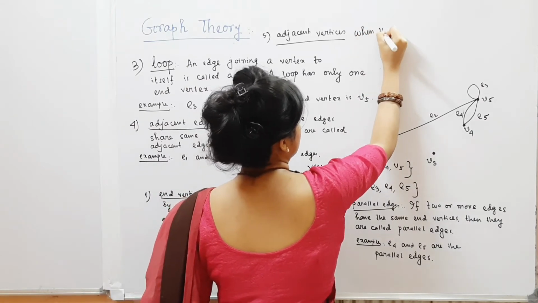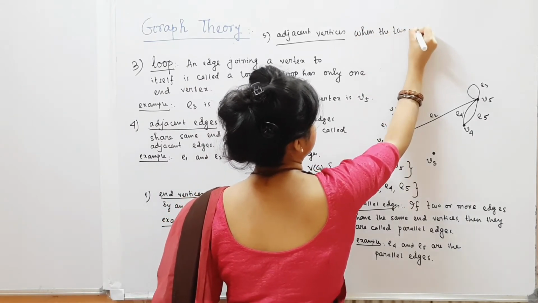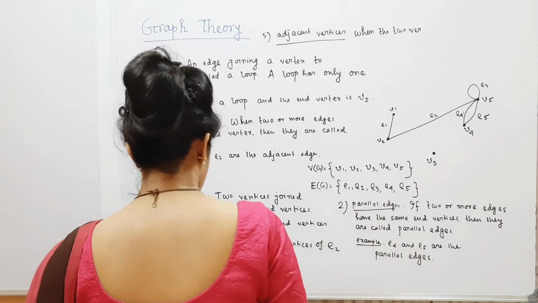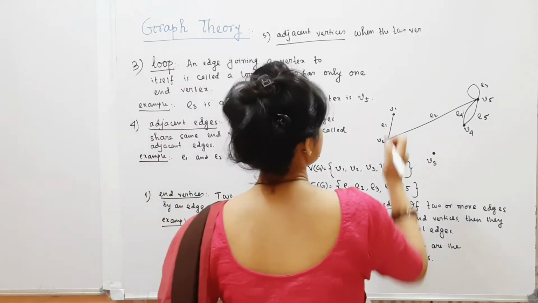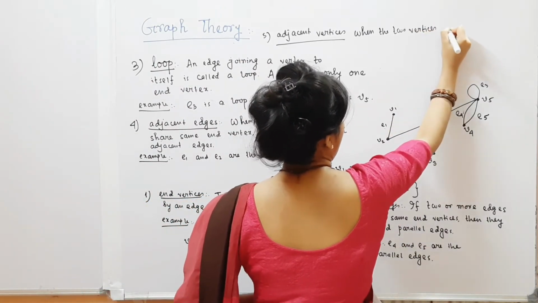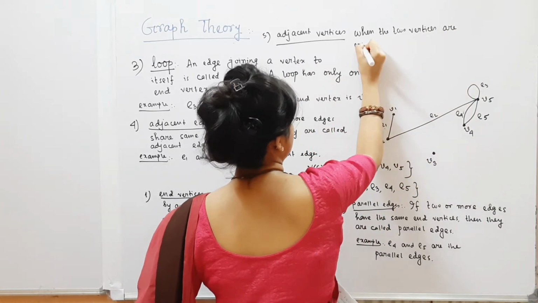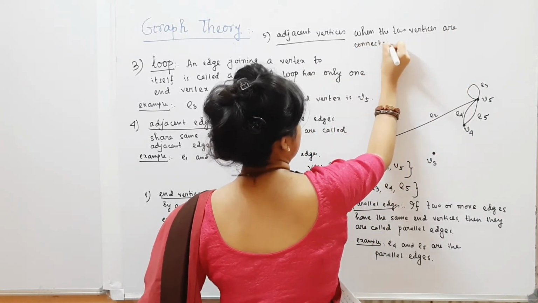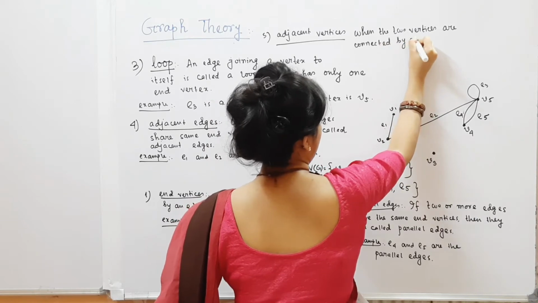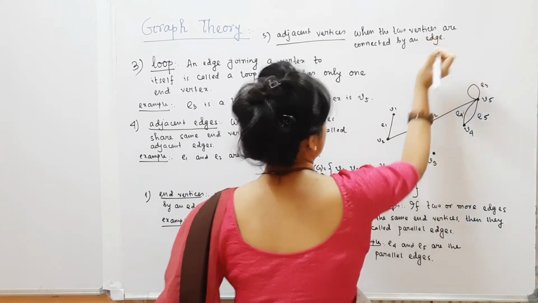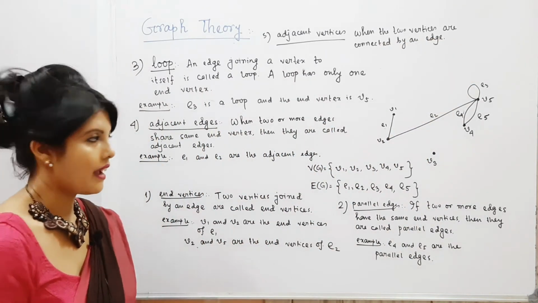So when the two vertices are connected by an edge, okay, then they are called the adjacent vertices.